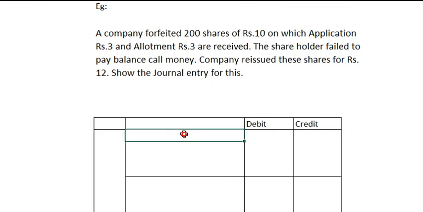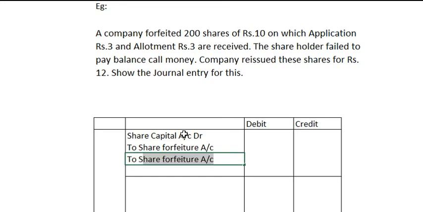So first, let's forfeit the shares. On forfeiture, we debit the Share Capital Account. Share Capital Account Dr. to Share Forfeiture Account, to Share Unpaid Call. So Share Capital Account debit with the total called up amount, which is 200 into 10.